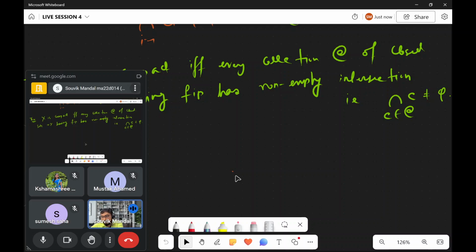Okay. So let me explain. The argument goes as follows. What we need to show? We need to show X is compact if and only if every collection C of closed subsets having the finite intersection property has non-empty intersection. Correct?